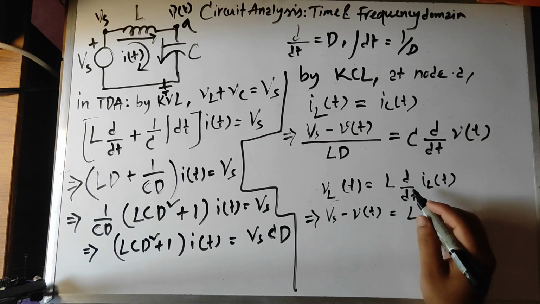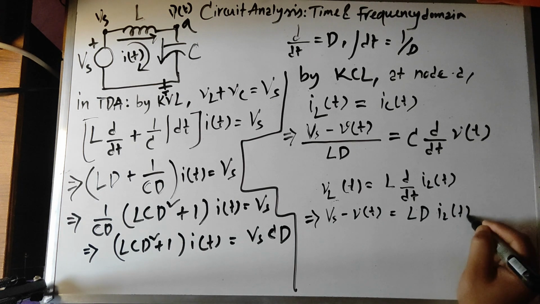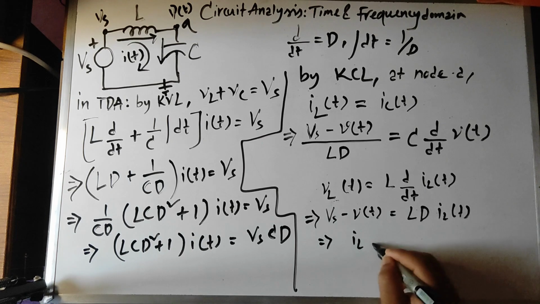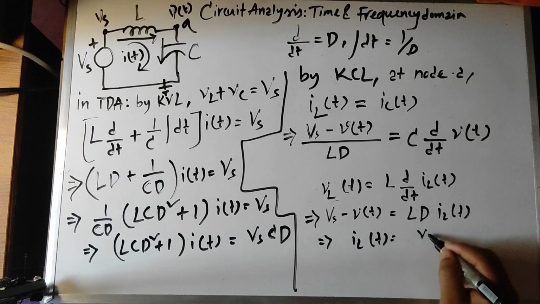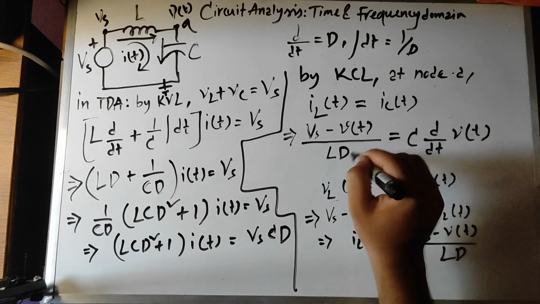Let us replace this by the differential operator. So LD I_L(t), which gives I_L(t) equals (Vs minus Vt)/LD. This is the expression we are using here.